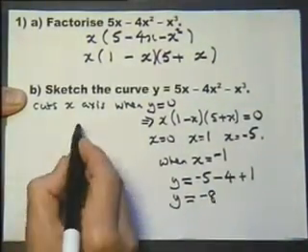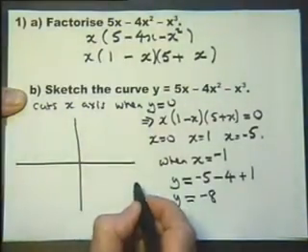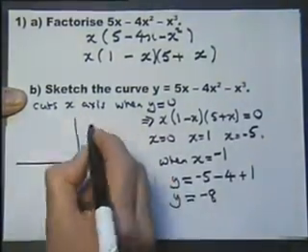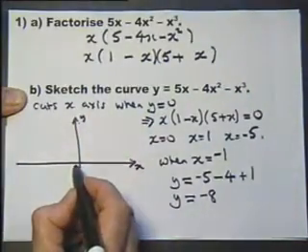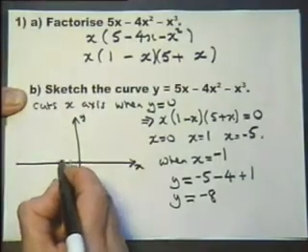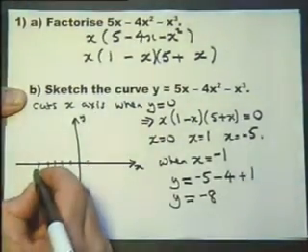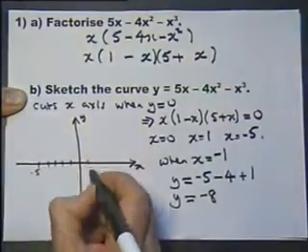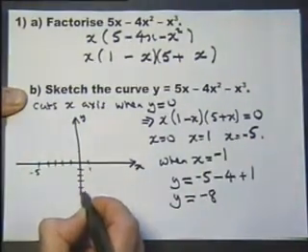So therefore, it's only a sketch I'm meant to be doing. We don't even have to think about using a ruler. We don't even have to do all the scale. But we do need to indicate the points we've got there. So let's go 1, 2, 3, 4, 5. And we need 1 there. Let's label that point and label that point. We also need minus 8. 1, 2, 3, 4, 5, 6, 7, 8.